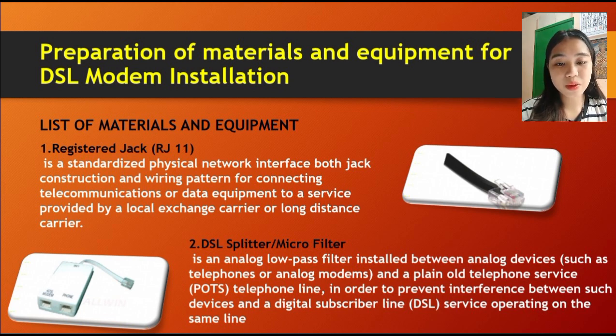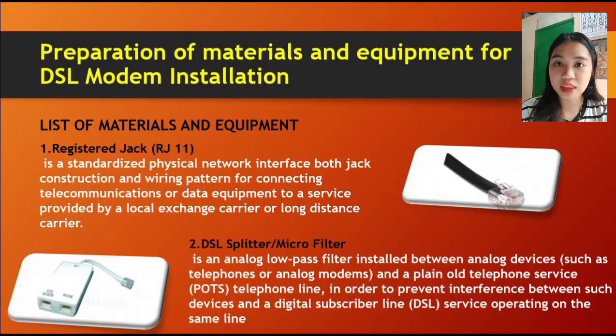So what is the purpose of DSL splitter? The purpose of this DSL splitter over POTS splitter is to separate the transmission of POTS signals and DSL signals, which enables a simultaneous transmission of both voice and data on the same twisted pair.